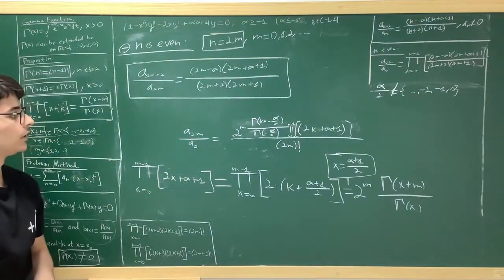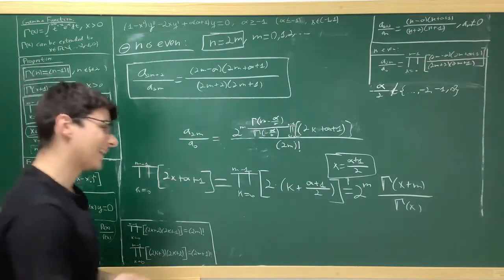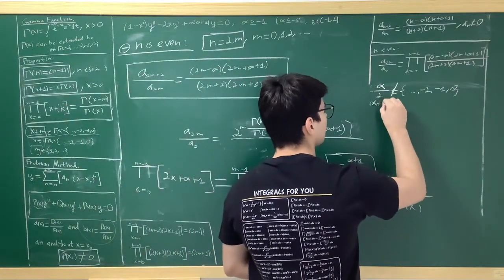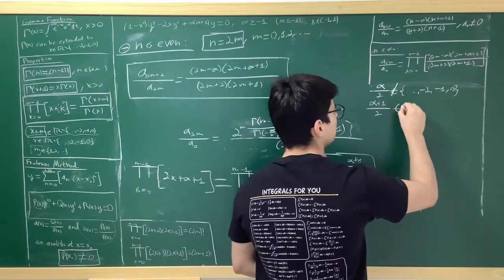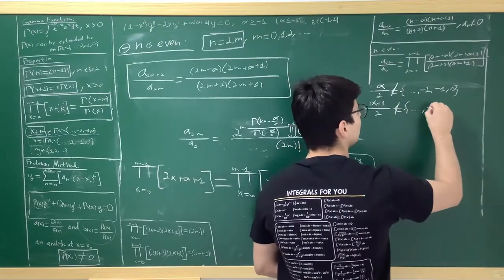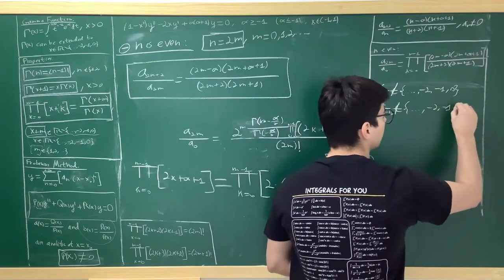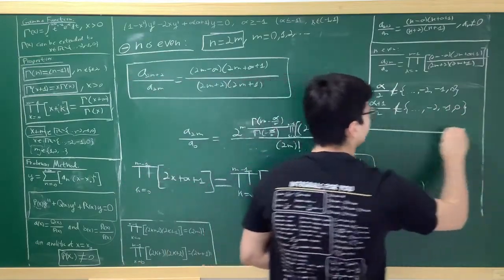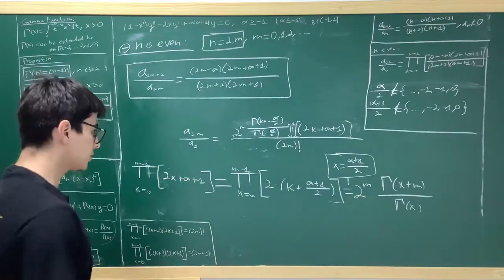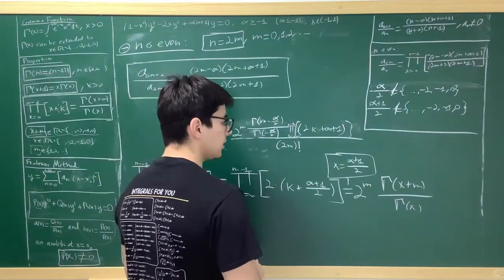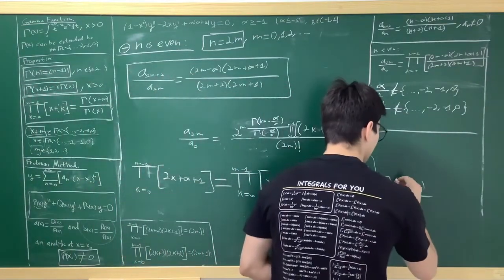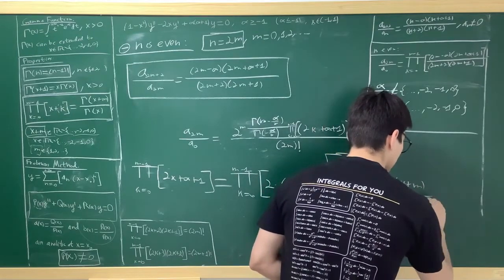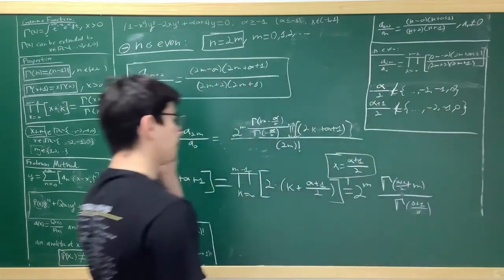What does this mean? Again, this means that alpha plus 1 over 2 cannot be a negative integer, or 0, of course. So this is what we have so far. If this holds, then all this should just be alpha plus 1 over 2.